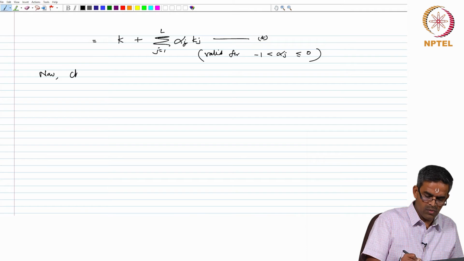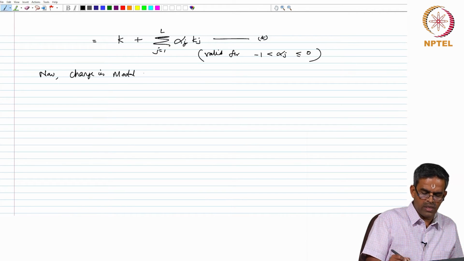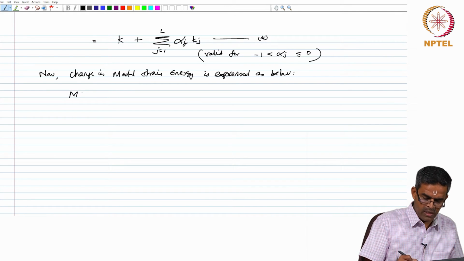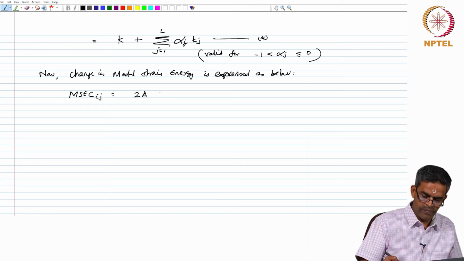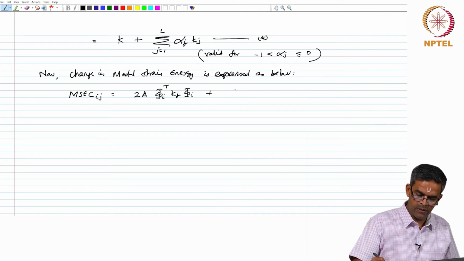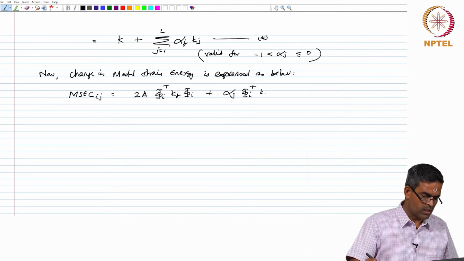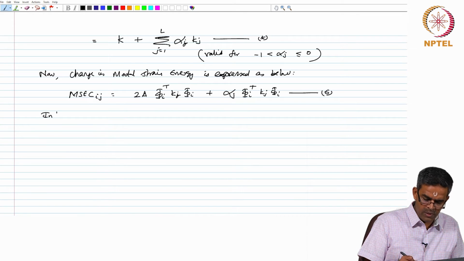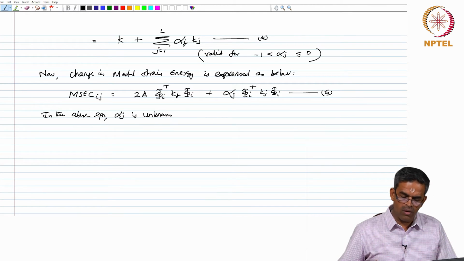Now, change in modal strain energy is expressed as below. Modal strain energy Ij is 2 delta phi I transpose Kj phi I plus alpha j phi I transpose Kj phi I. In the above equation, alpha j is unknown, the remaining all are known actually.